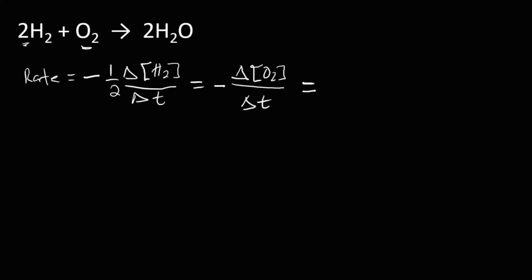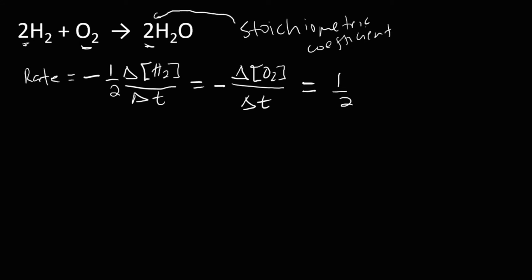And then, what will be our fraction? Our fraction will be 1 over 2, and it's positive. It's positive because it is a product, and 2 is its stoichiometric coefficient. Let me write it down. That is called the stoichiometric coefficient.